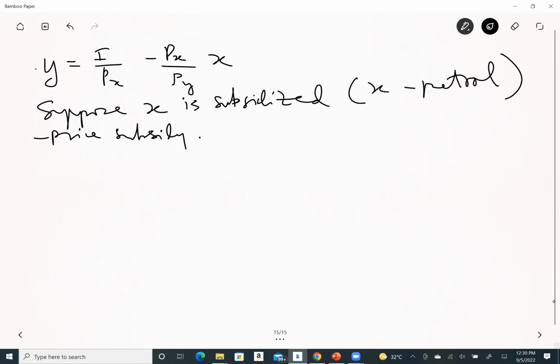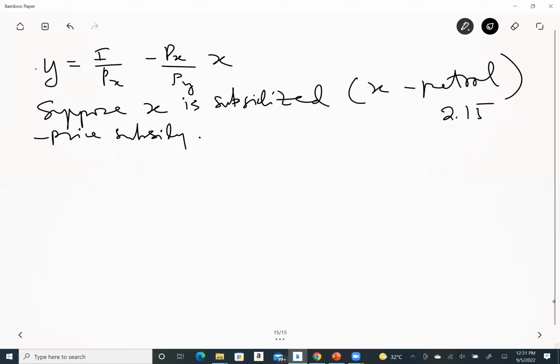Let's say the price of petrol goes from 4 ringgit down to the subsidized price of 215.